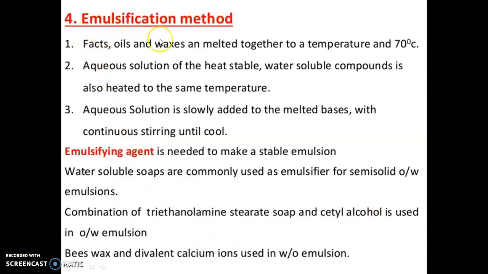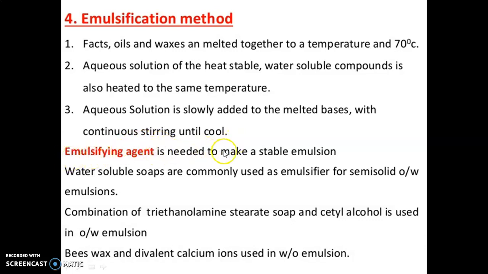Then fourth one, emulsification method. Fats, oils and waxes are melted together to a temperature of 70 degrees Celsius. Aqueous solution of the heat stable water soluble compounds is also heated to the same temperature. Aqueous solution is slowly added to the melted base with continuous stirring until cool.